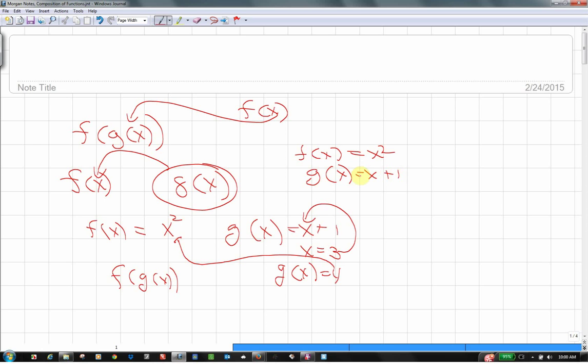What I could do is take this x plus 1 and put it in as the x in the f of x squared. So what I would get is f of g of x is equal to x plus 1 squared, which of course would be x squared plus 2x plus 1. So that's what I'm doing. I'm taking the output of g and using it as the input of f.